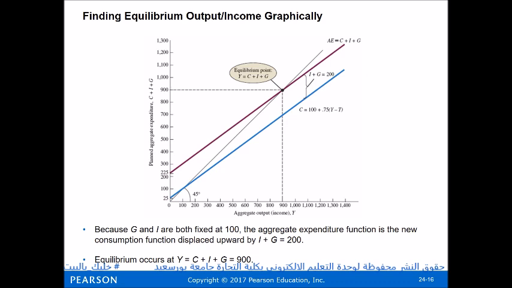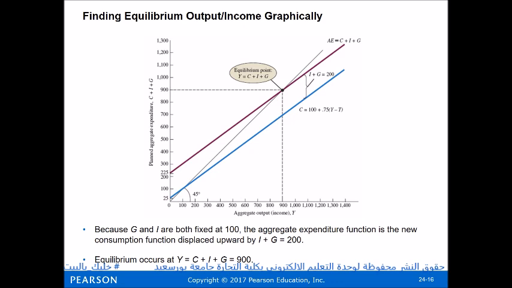The graph we have here shows how we find equilibrium output or income graphically. It shows two things.